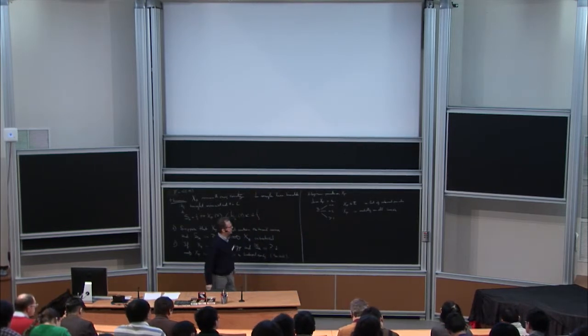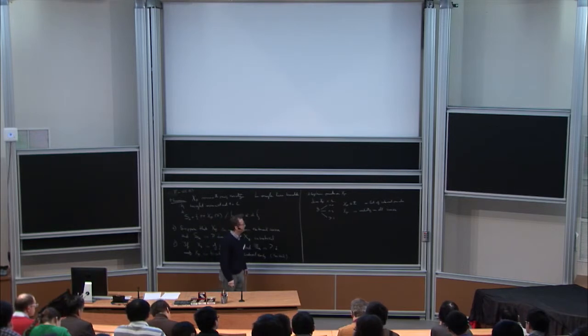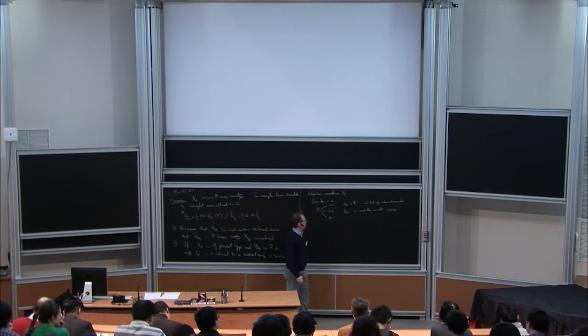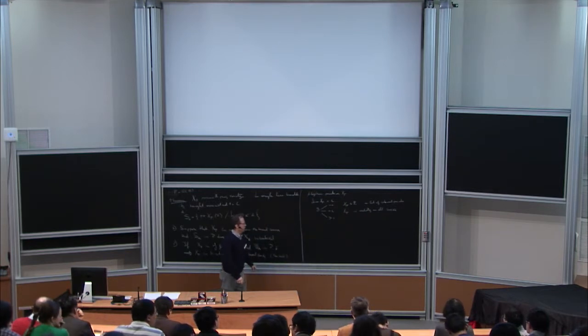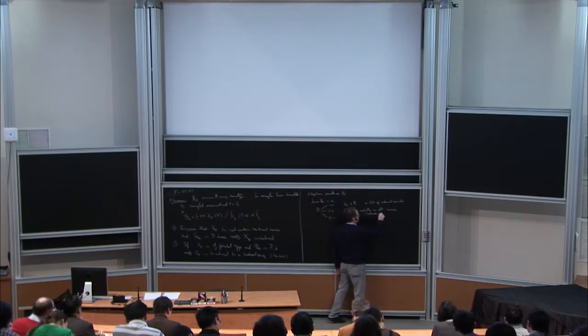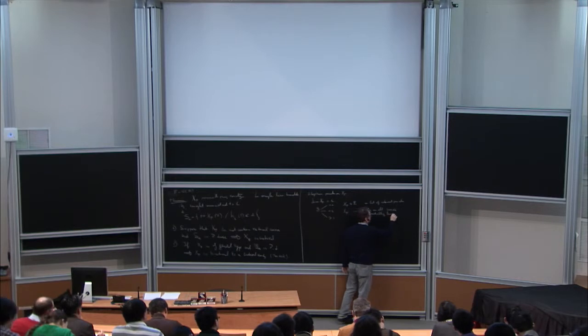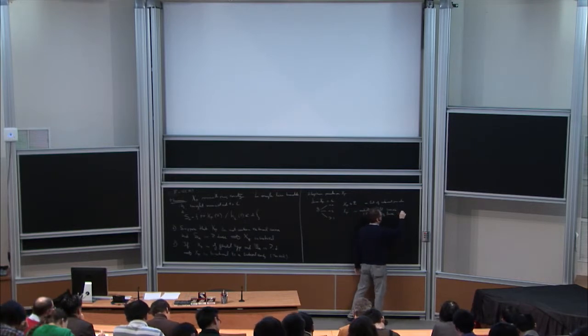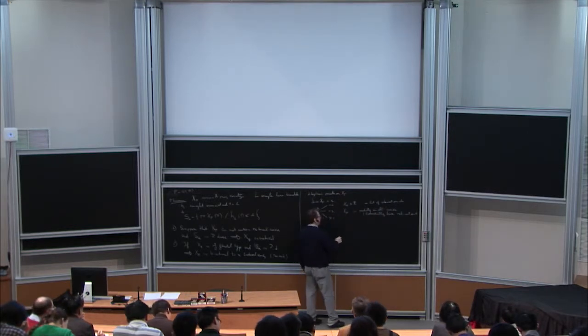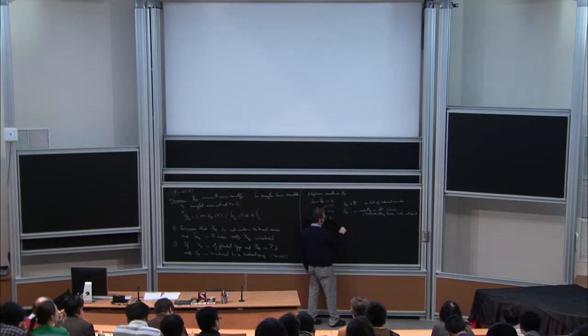And second, that means potentially dense rational points. And in this case, we have two other cases.